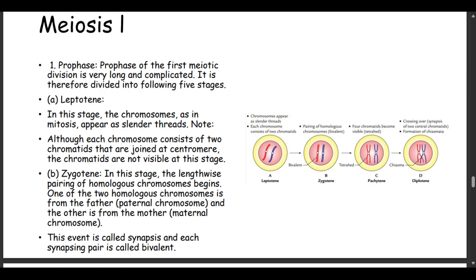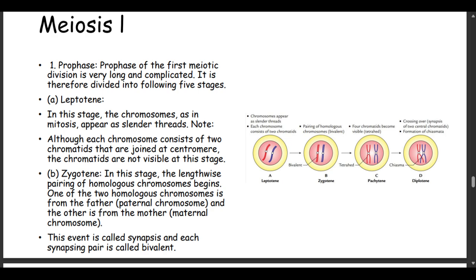And then the second stage of prophase 1 is what is known as the zygotene stage. In this stage, the lengthwise pairing of homologous chromosomes begins. So there is pairing of homologous chromosomes in the zygotene stage. This event is called synapsis.